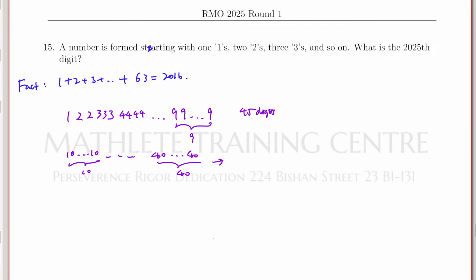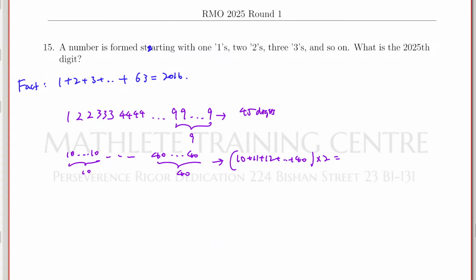So how many digits would this be? There will be 10 plus 11 plus 12 all the way until 40, times 2, number of digits, because each one will occur this many times.